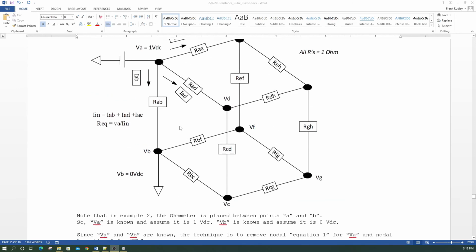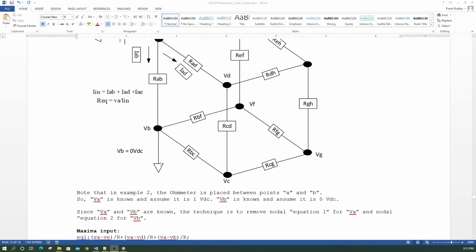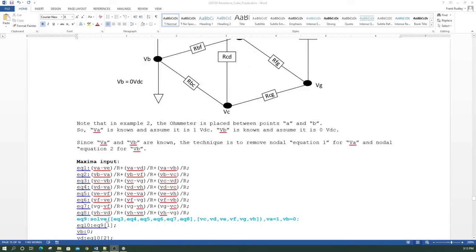So note that in example 2, the ohm meter is placed between points A and B. So VA is known, and assume it is 1 volt, and VB is known, and assume it is 0 volts. Since VA and VB are known, the technique is to remove the nodal equation 1 for VA and nodal equation 2 for VB.